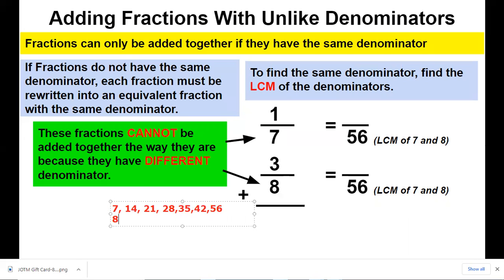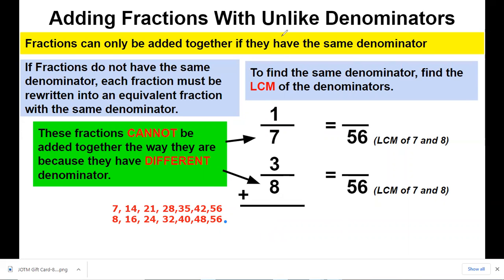And then for 8s, you do the same: 8, 16, 24, 32, 40, 48, 56. When you find a match, that is your least common multiple. So the first match we have there is 56. So that is where the 56s come from, right?